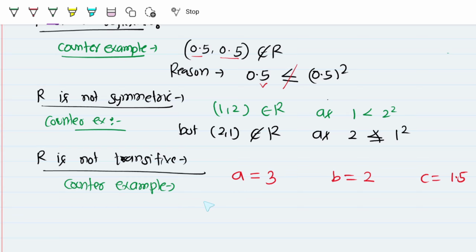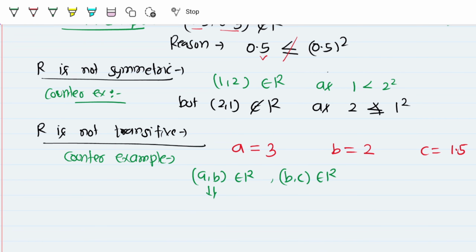Then you can see (A, B) belongs to R and (B, C) belongs to R. Why does (A, B) belong to R? Because 3 is less than 2 squared. 2 squared is 4, and 3 is less than 4. So this condition is satisfied.